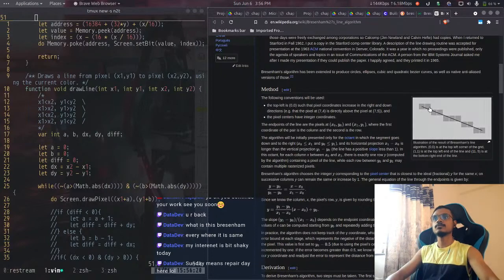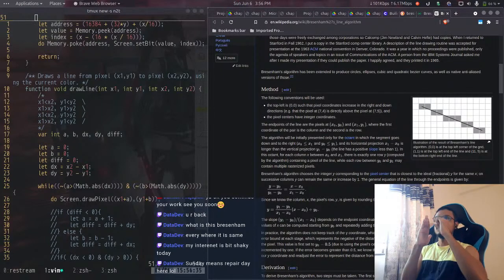Multiple rasterized pixels means either 3, 2, 1 and so on, but between these there will be only one pixel.